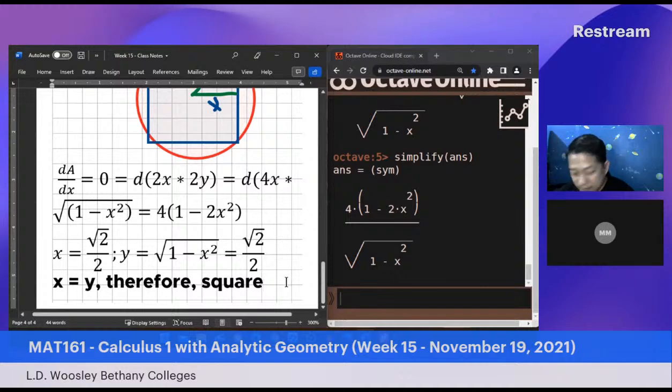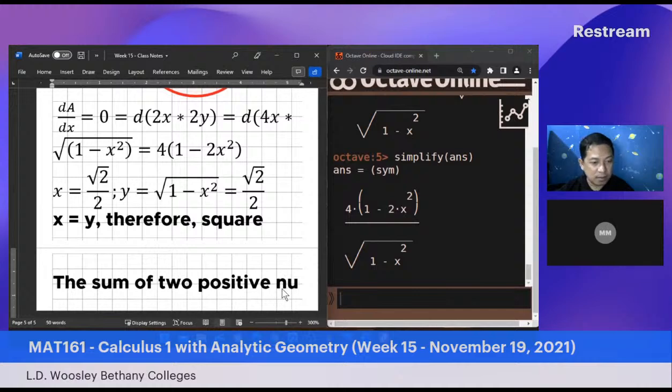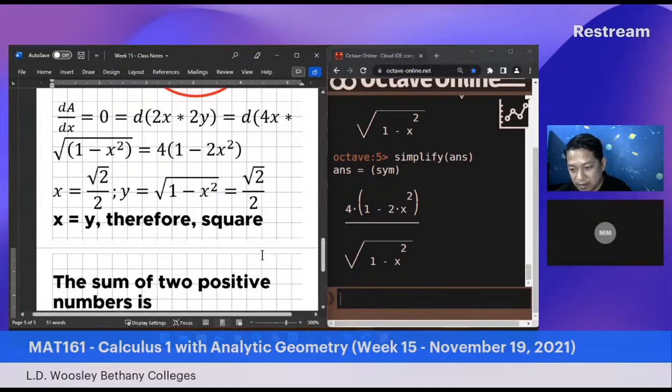Let's have a sample problem. Madali lang siguro. Ito. I think this you could recall on this. Even in algebra, there is a calculus application, Micaela.